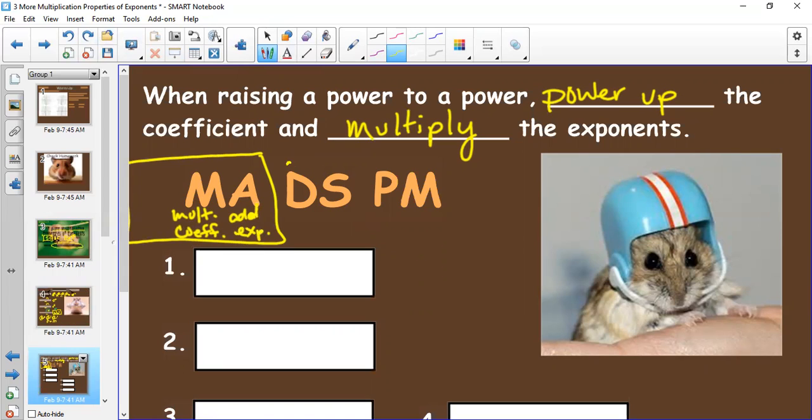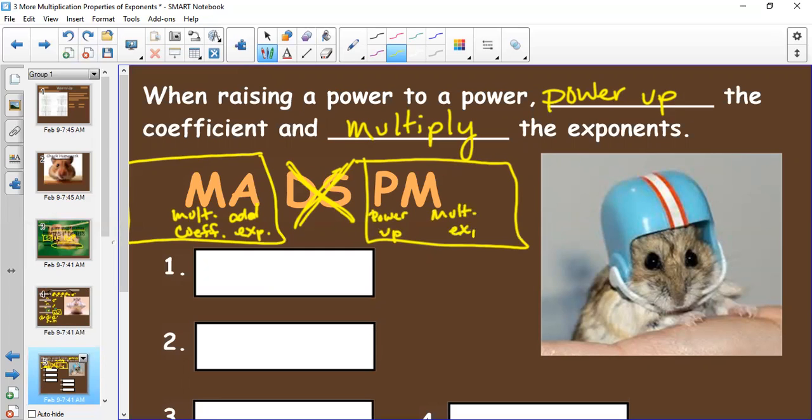Okay, we're going to learn DS on Thursday, so that's to come. And then PM problems are what we just did today, is what you wrote down up above. So we're going to power up coefficients, and we're going to multiply exponents. Okay, so that's the difference between Friday and today.